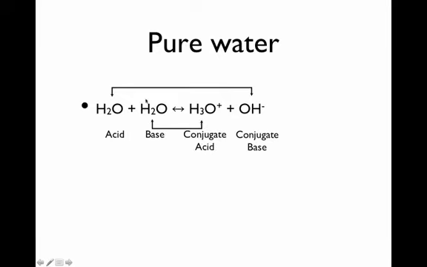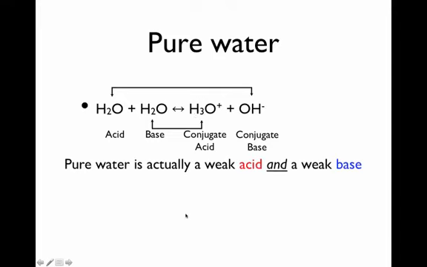This water molecule over here was a base, and it is turned into a conjugate acid when it accepts an H plus ion. And then again, just to give you a punchline, pure water is actually both a weak acid and a weak base at the same time. And because it is both of them, the pH of pure water is 7. In other words, pure water has a neutral pH.